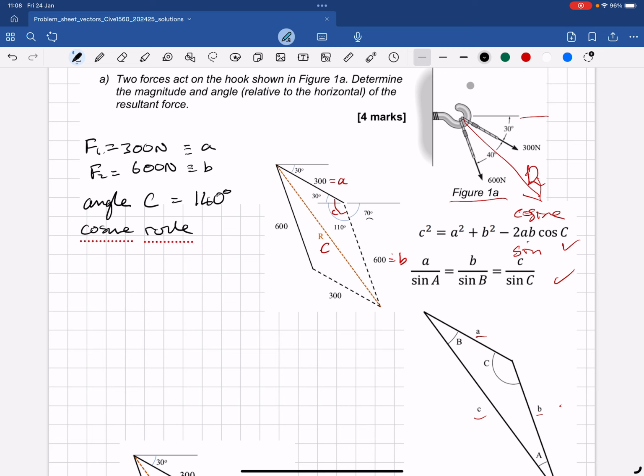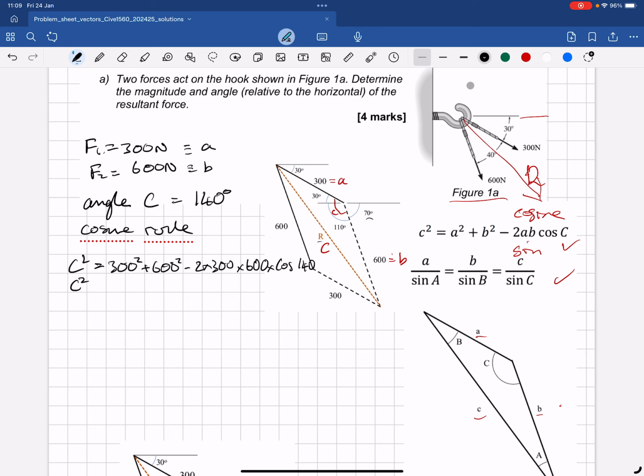What we're trying to get is this value of R, or C. So C squared is equal to 300 squared plus 600 squared minus 2 times 300 times 600 times cos of 140.